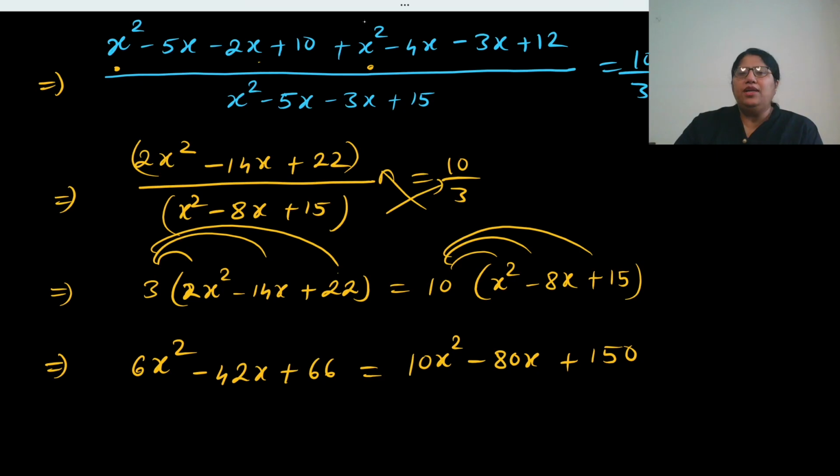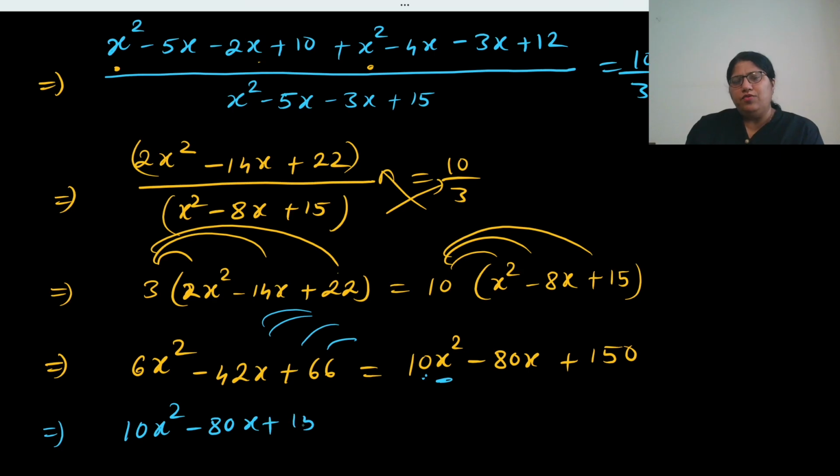Now what I'll do here, I do not want my x square coefficient to be negative. So instead of transposing 10x square to the LHS, I'll transpose everything to the RHS, right? Or you get all the terms to one of the sides. So 10x square minus 80x plus 150 as it is, minus 6x square, because I'm transposing all the terms to the other side.